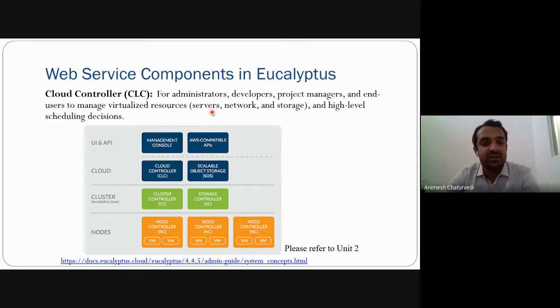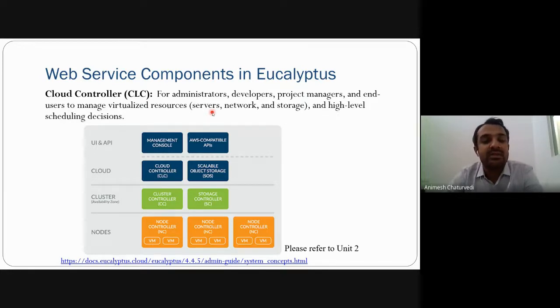And then this cluster controller basically controls the node controller. Then the storage controller basically controls the node controller. And this cloud controller basically controls the cluster controller and the storage controller. Then scalable object storage communicates with the storage controller as well as the cluster controller.